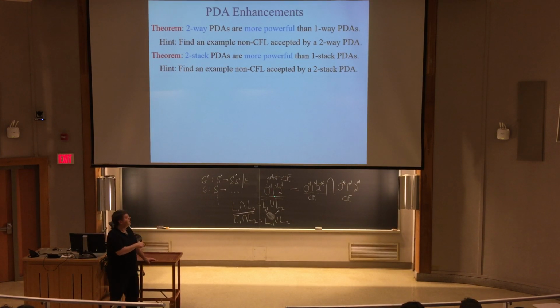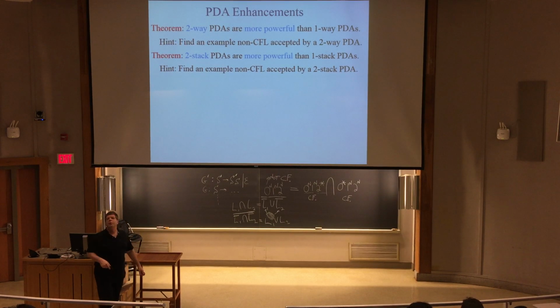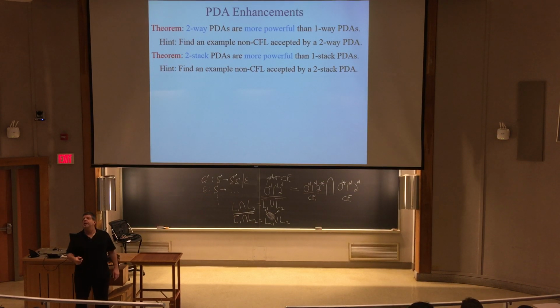Push the zeros onto one stack, push the ones onto the second stack, and then when the twos come rolling in, just pop the ones and the zeros from both stacks against the twos incoming in the input, and then you'll know they're equal in number. So with two stacks, this is very straightforward to implement, even though it's not context-free. And in general, two stacks is equivalent to a Turing tape, and so it's even more than that.